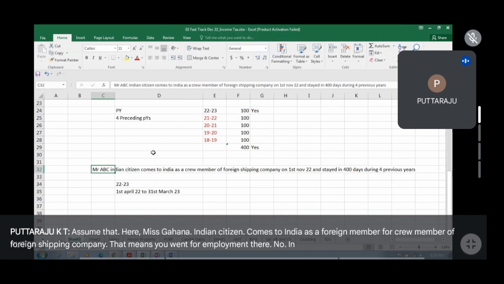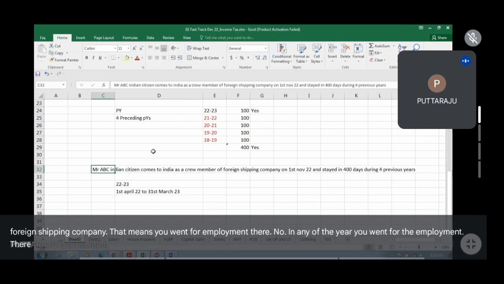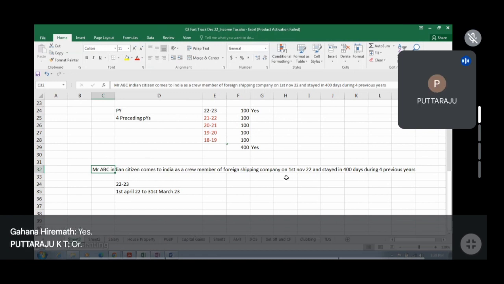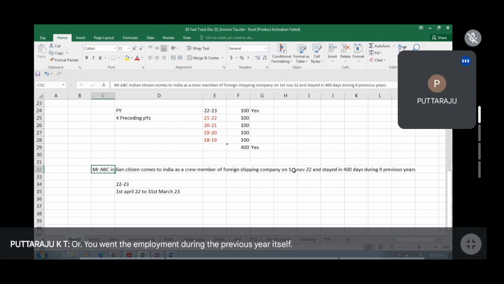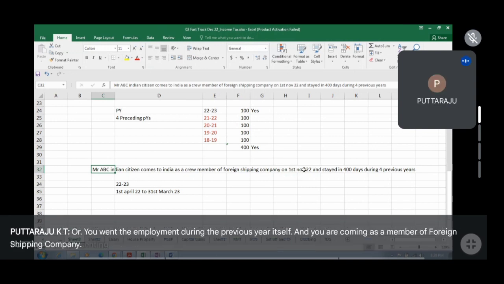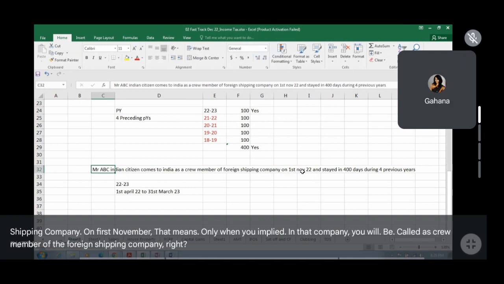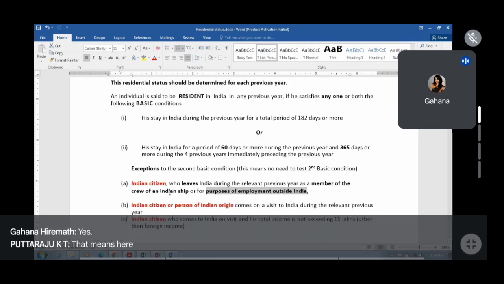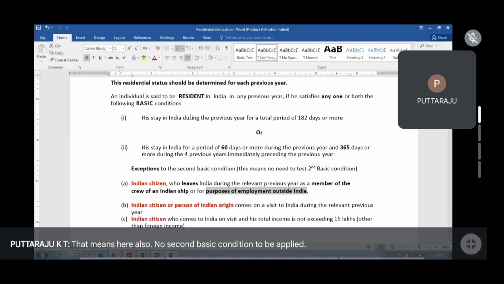Or you went for employment during the previous year itself, and you are coming as a member of a foreign shipping company on 1st November. Only when you are employed in that company will you be called a crew member of that foreign shipping company, right? Yes, sir. That means here also no second basic condition is to be applied, only the first basic condition.